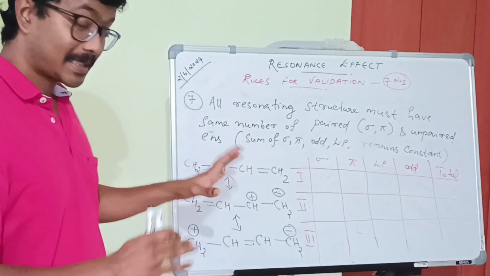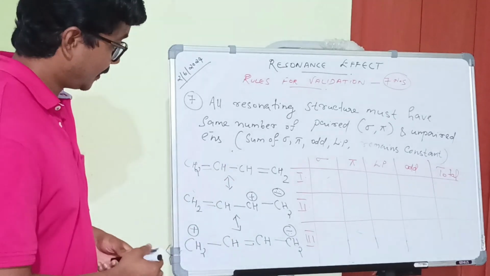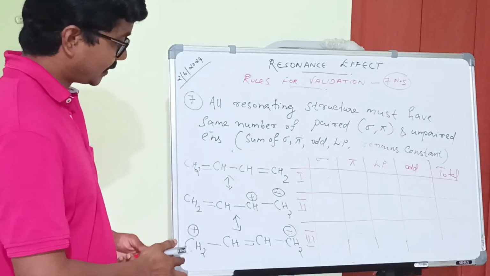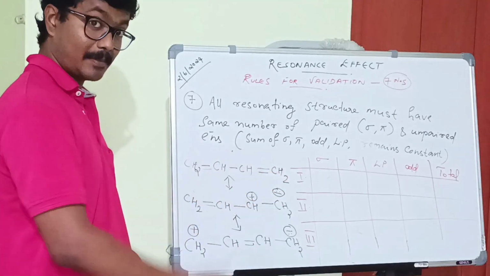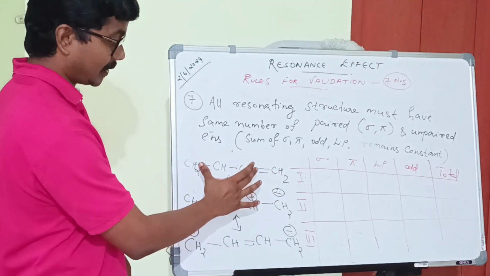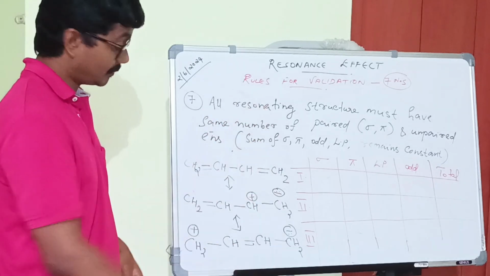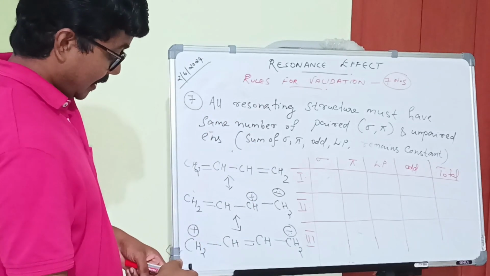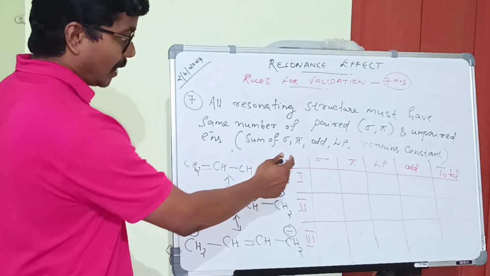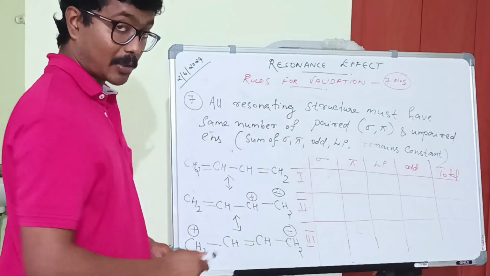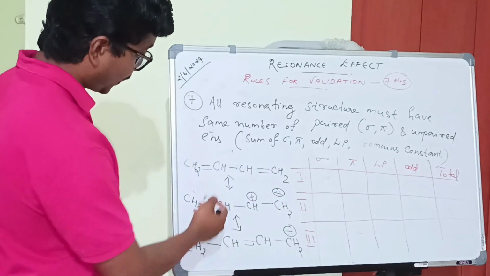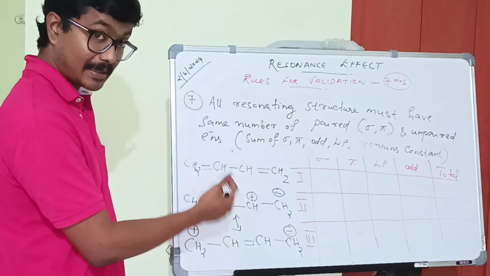Okay, let's consider an example. See the resonating structures of this conjugated system. This is a conjugated system, an organic compound which has a conjugated system. Let's count the sigma, pi, lone pair, and odd electrons together. First we write the resonating structure.